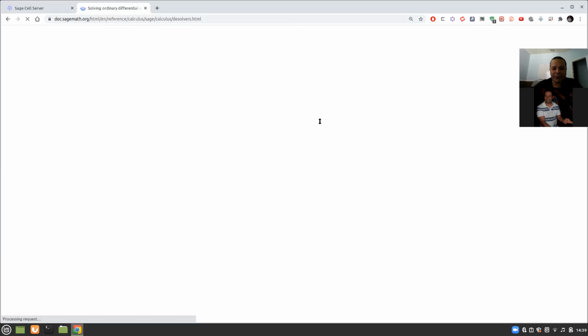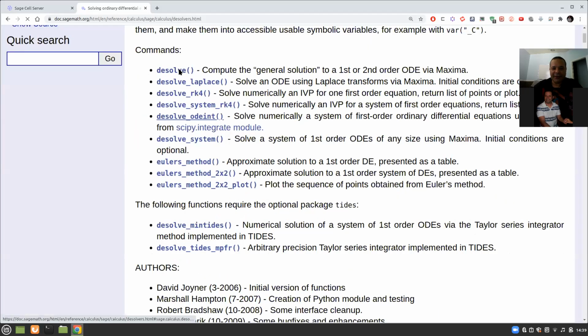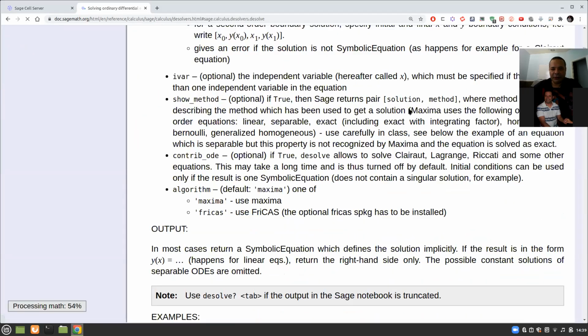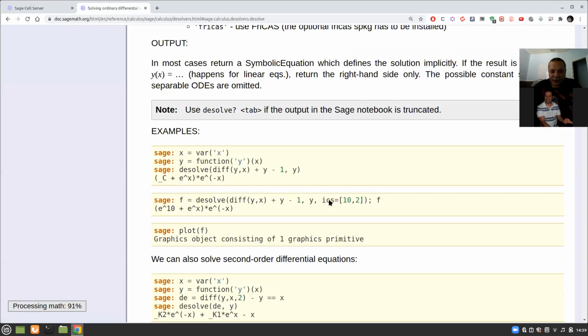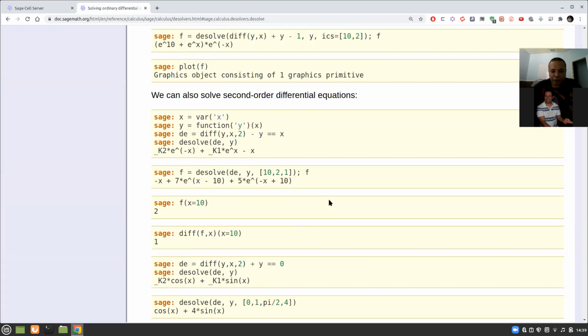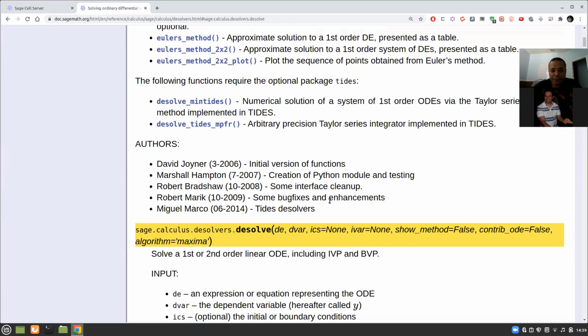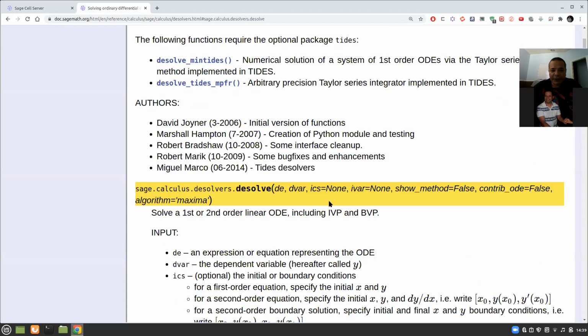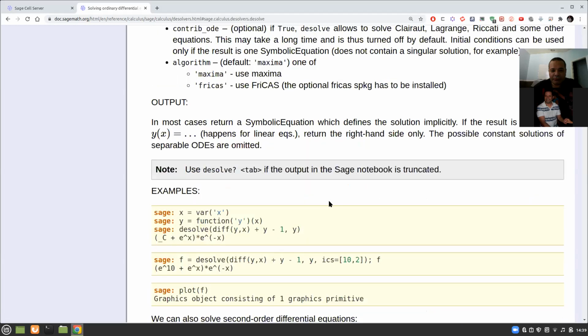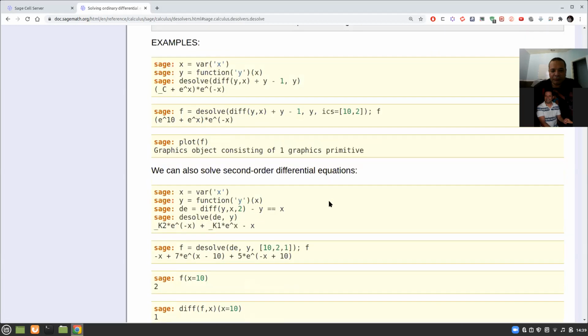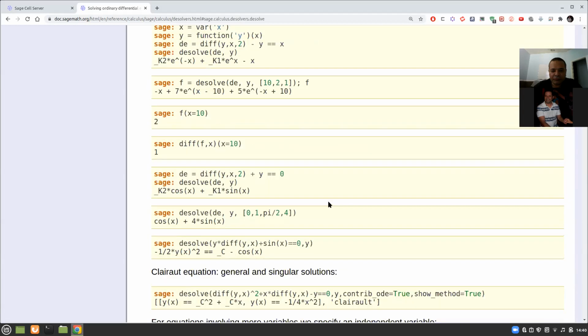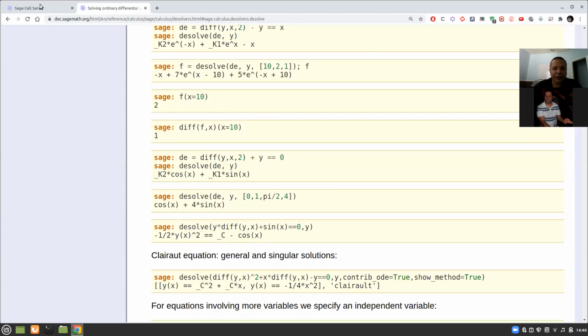I know I have to put in the method, but I want to see exactly what it says. Oh, maybe I don't need to do that. Looks like I don't. Let's see if that'll work.